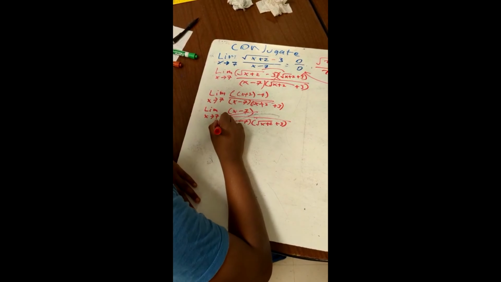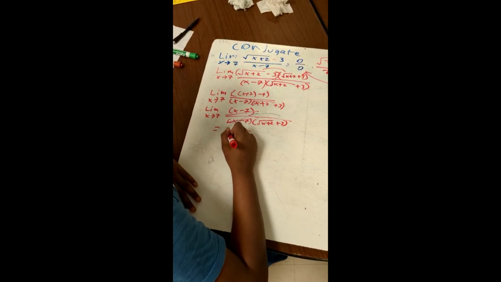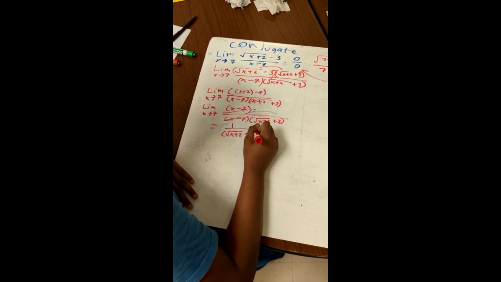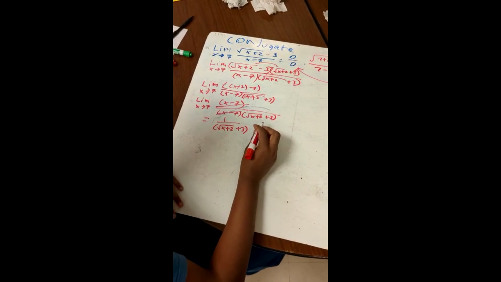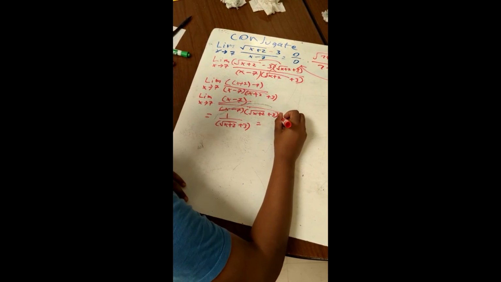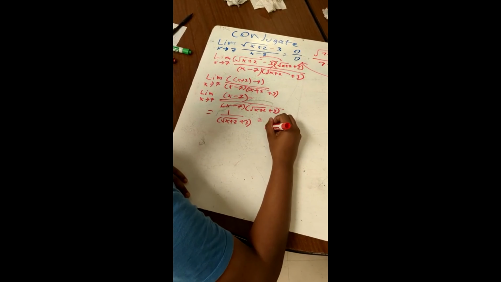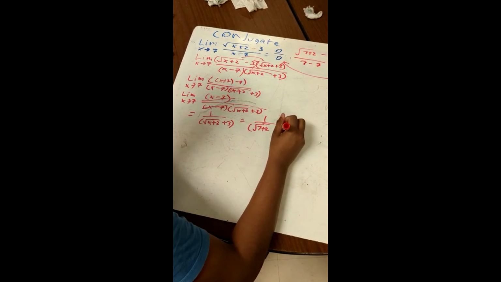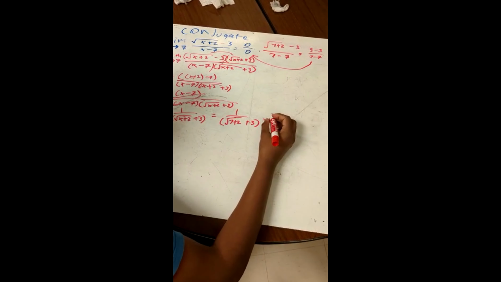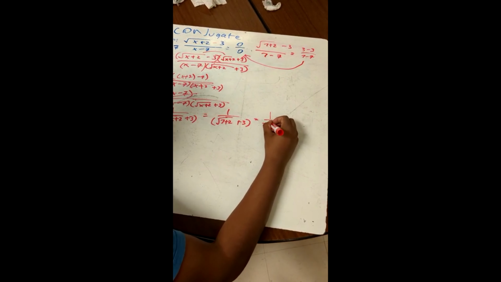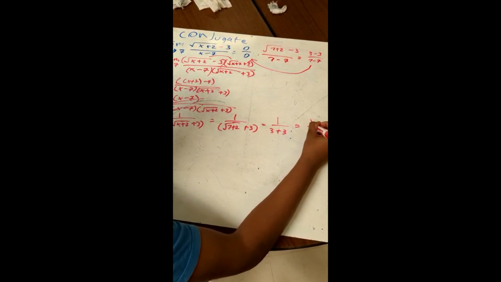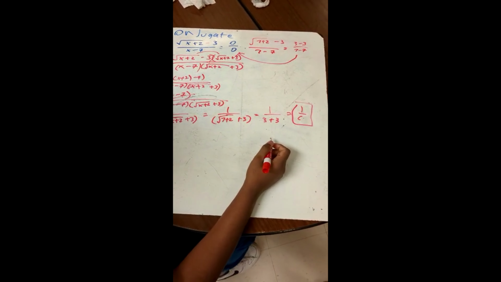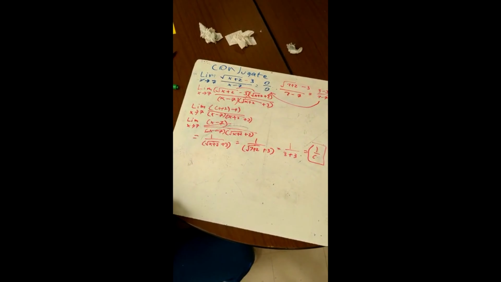So that equals 1 over the square root of x plus 2 plus 3. Plug that in, which equals 1 over the square root of 7 plus 2 plus 3, which equals 1 over 3 plus 3, which equals 1 over 6. And that's how you find the answer while conjugating.